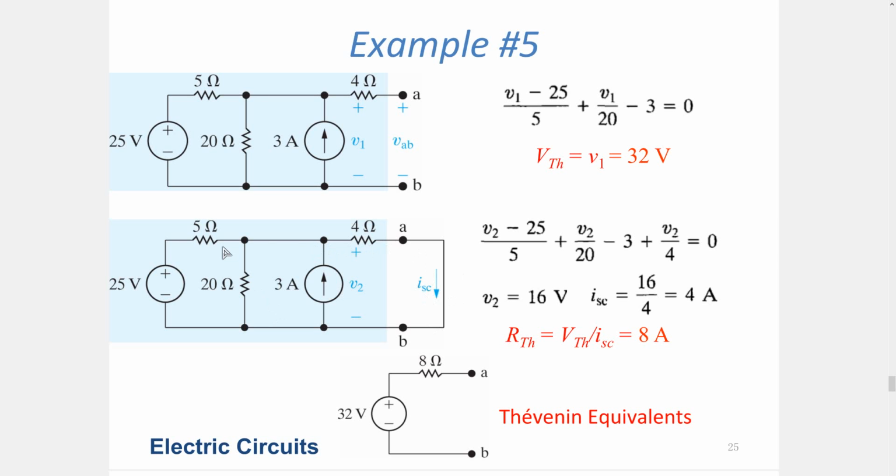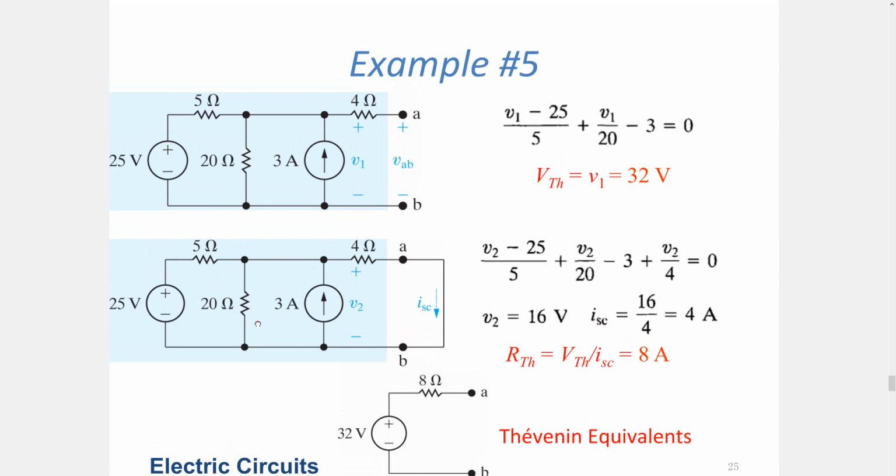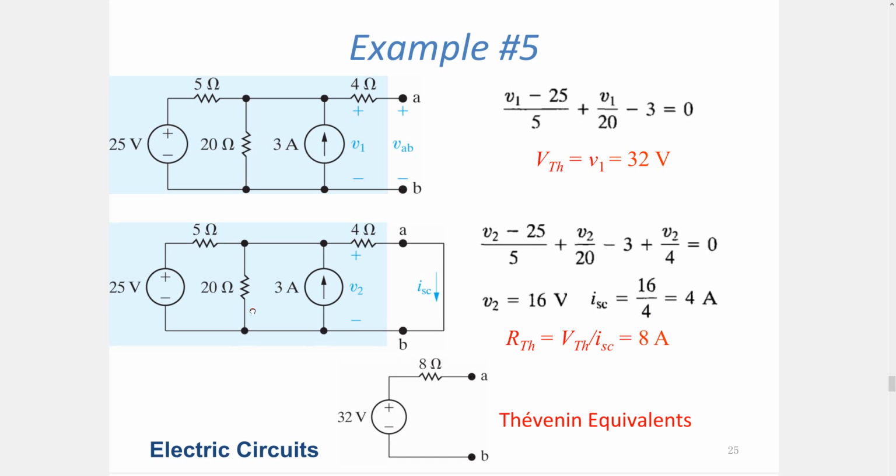So if I write the first current, it will be (V2 - 25)/5 ohms, leaving this node, so it has a positive sign. V2/20, moving towards the reference node, would give me a positive part. And since the minus 3 amps is entering into this node, I'm going to get a minus 3.